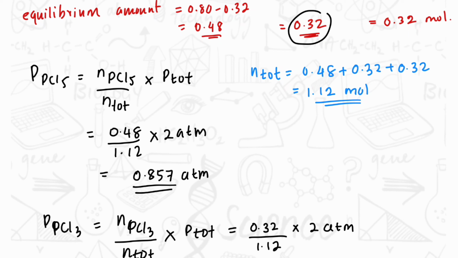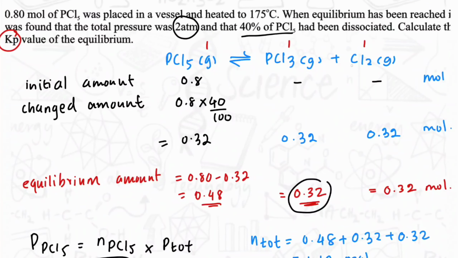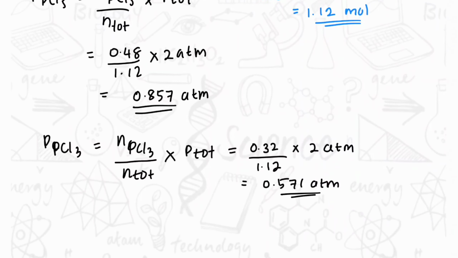Therefore, if you simplify this, we get 0.571 atm. Since the ratio between PCl3 and Cl2 gas is 1:1, the partial pressures are equal. Therefore, partial pressure of Cl2 gas is equal to partial pressure of PCl3, and that is equal to 0.571 atm.